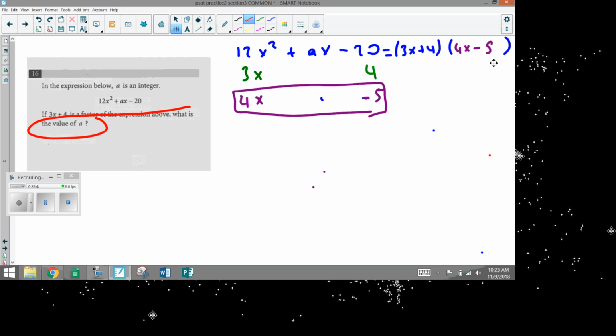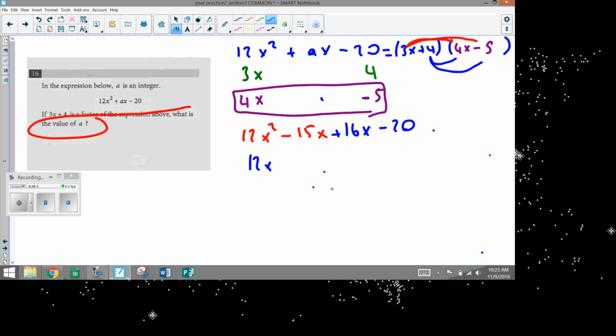3x times 4x, 12x squared. 3x times negative 5, negative 15x. Okay, then 4 times 4x. Add like terms. So what is it, Trace? Add like terms. Good job.